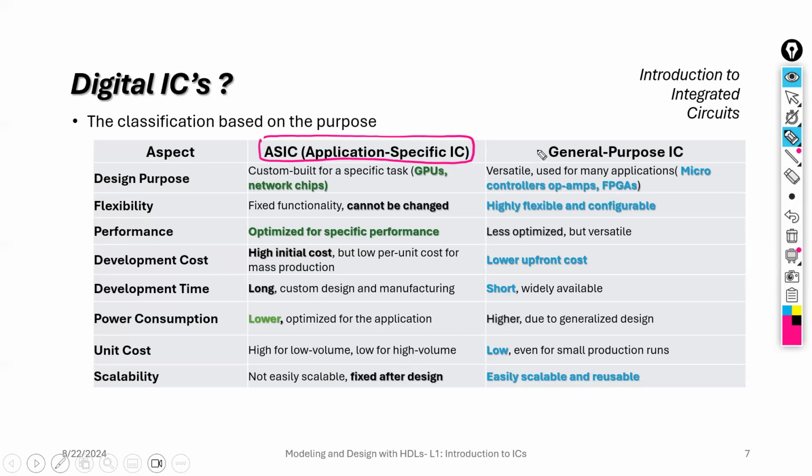Whereas general purpose ICs we can use anywhere; you can reconfigure them however you want. For example, GPUs and network chips generally go for ASICs. For many applications, such as microcontrollers, op-amps and FPGAs, we use general purpose ICs.